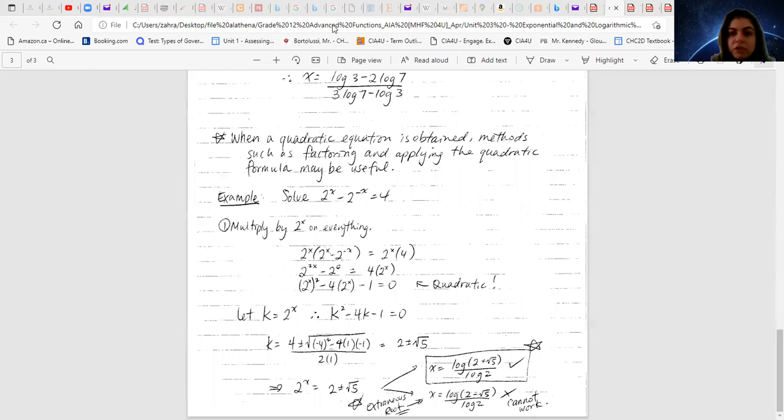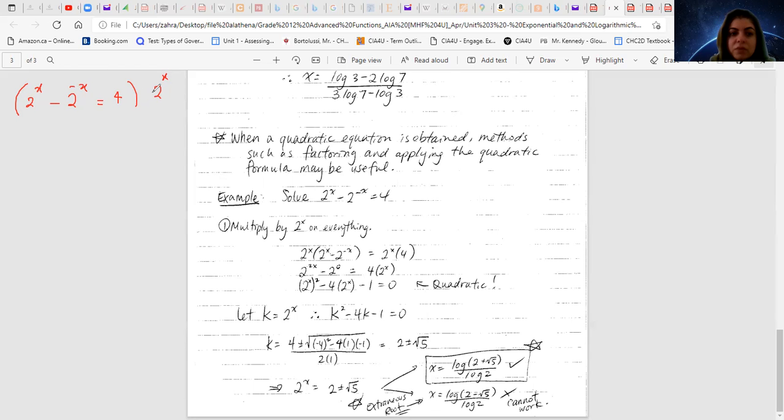Another type of question you might get is this: 2 power x minus 2 power negative x equal to 4. First thing I want to do, I don't like this negative power. If I multiply all of this term by 2 power x, I can get rid of this negative power, right?